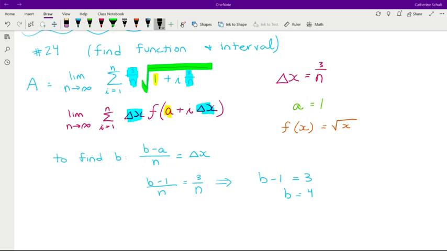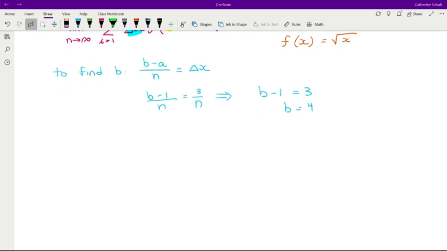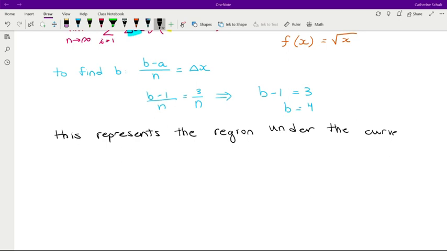So let's put everything together, right? You don't want a treasure hunt when you're having the solution. So that A represents the area or the region under the curve on the interval a to b, or 1 to 4.